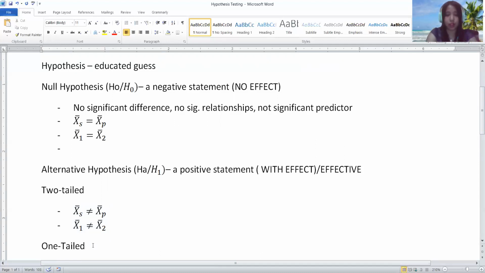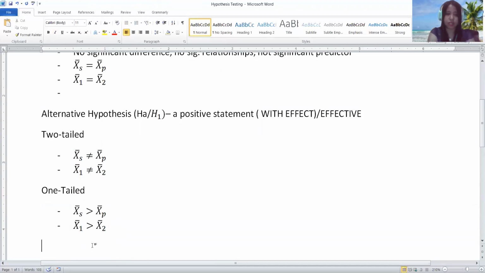While for one-tailed, let's say we are saying that the mean of the sample is greater than the mean of the population, or one group is better than the population, or group 1 is greater than group 2. We can also state this in the null hypothesis.